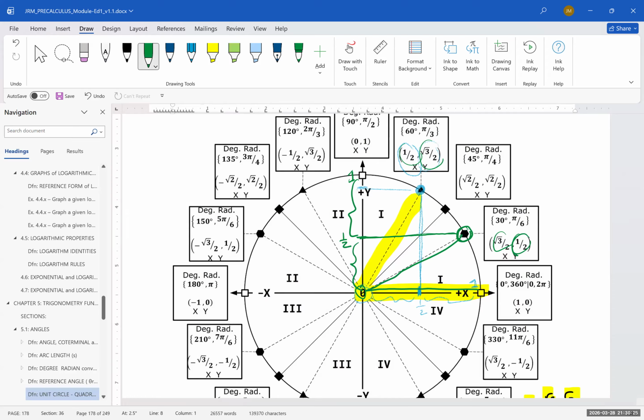So that's where y being 1/2 comes from. And then the x coordinate is the square root of 3 over 2. So if you ever need to remember where this 1/2 goes, just think of where the point is. And if you were to come down or come over, does it hit the x-axis or the y-axis at 1/2? That'll tell you where the 1/2 goes.